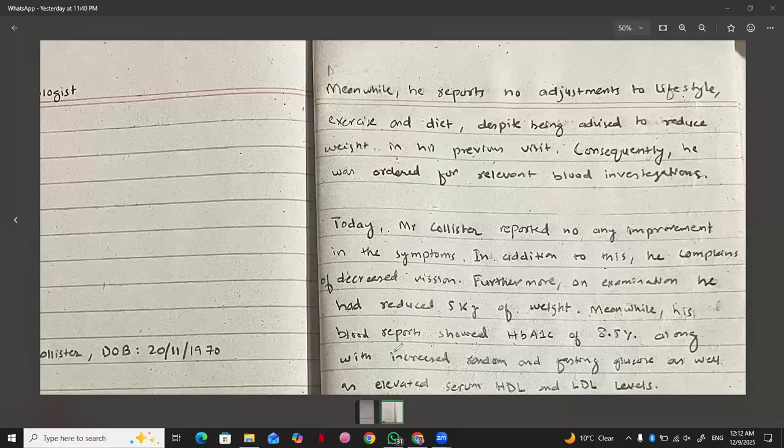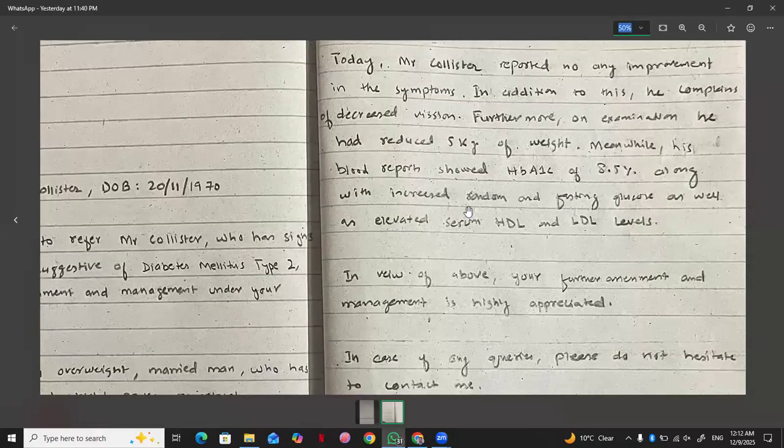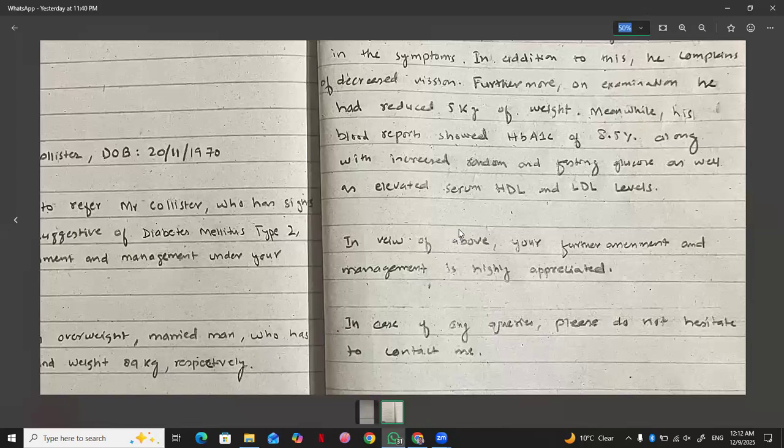Meanwhile, his blood reports showed HbA1c of 8.5%, along with increased random and fasting glucose as well as elevated serum HDL and LDL levels. In view of the above, your further assessment and management is highly appreciated. In case of any queries, please do not hesitate to contact me.